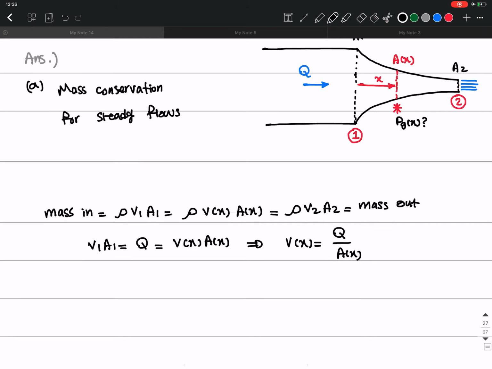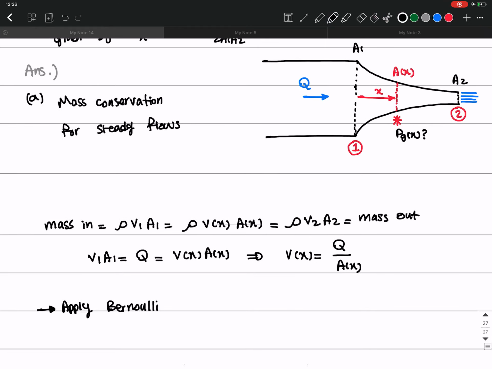Right, we want to know what this is. So here we only have a relation for velocity. So in order to find the relation for pressure, I'm going to use Bernoulli equation. So apply Bernoulli, but where? We have to apply Bernoulli along a streamline. The streamline that I am going to consider is, for example, from point star to section 2.